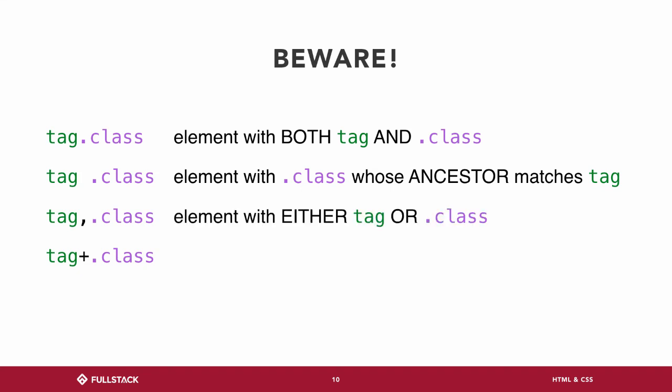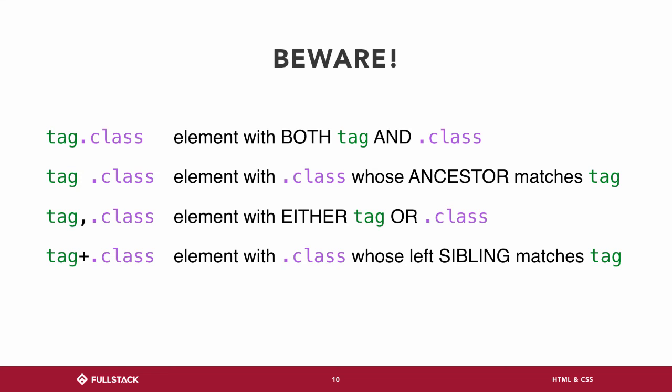We've got the comma here, which specifies that this rule would end up applying to either a tag or the class. And we've got the plus that we mentioned before, which is basically that you have a sibling of the tag. Sorry for the sirens out there. And again, not just a sibling, but it's got to be the next sibling.